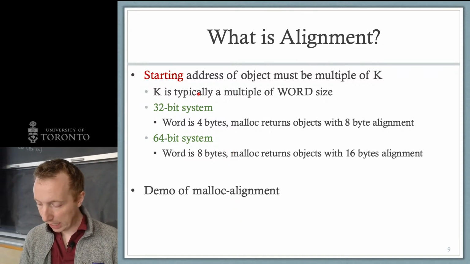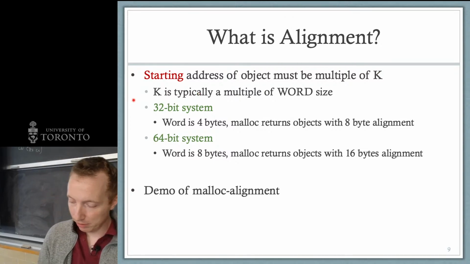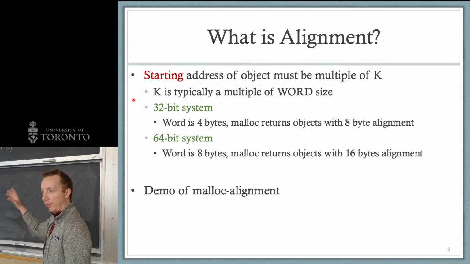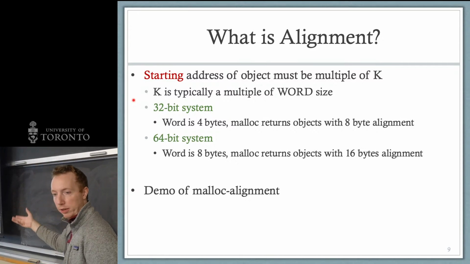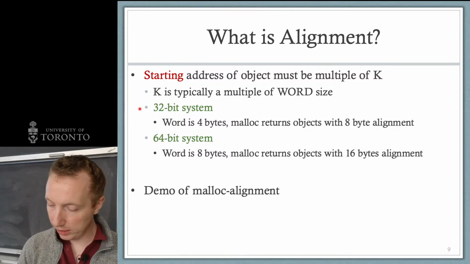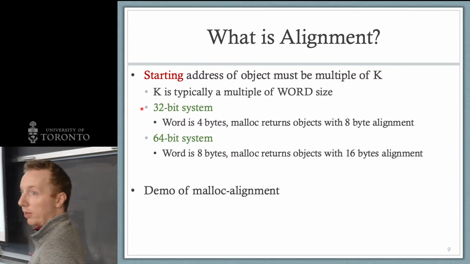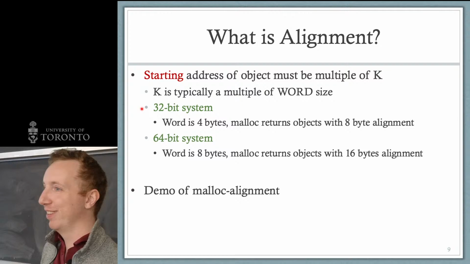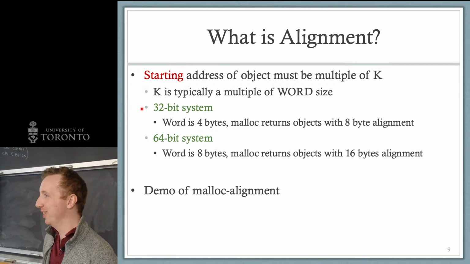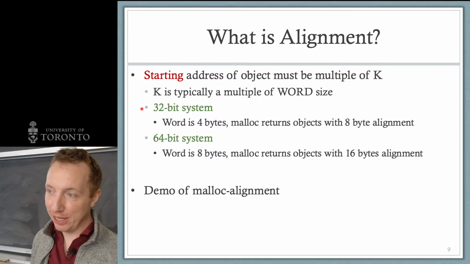If I have some object of size k that is a multiple of the word size, the word size is typically the size of a pointer on your machine. These slides are slightly old because of 32-bit systems. Have any of you even used a 32-bit system? One, two. Yeah, I used them as a kid.